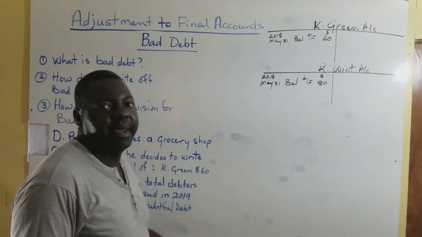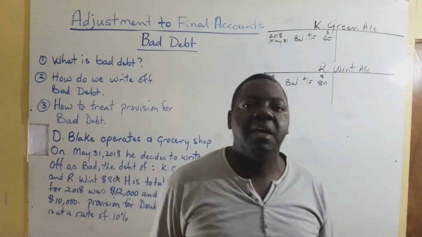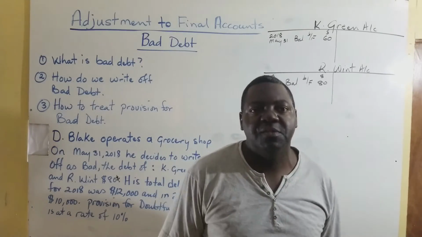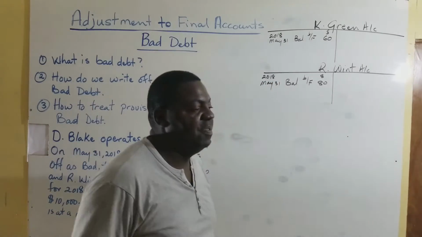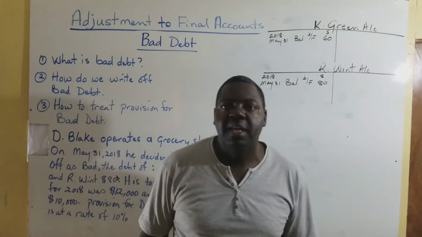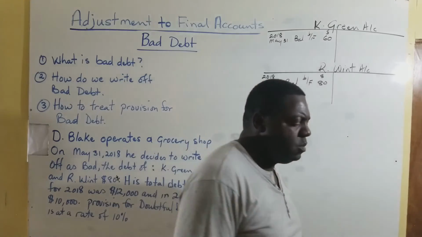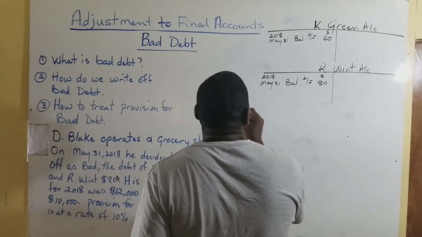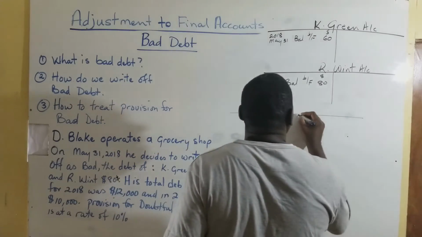We decide that we can't get the money from them. Maybe we have called them, we have sent letters, all things we have done, and we still can't get through to them. So we're going to write off the debt, take it off our books, because we don't think that we can recover it. To write it off now, we're going to open what is referred to as our bad debt account.